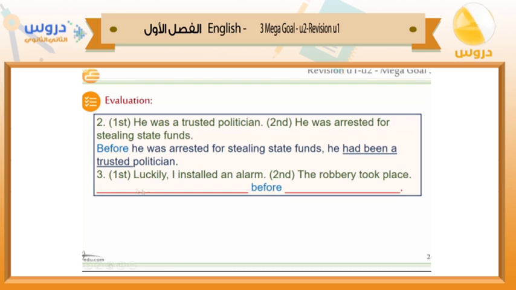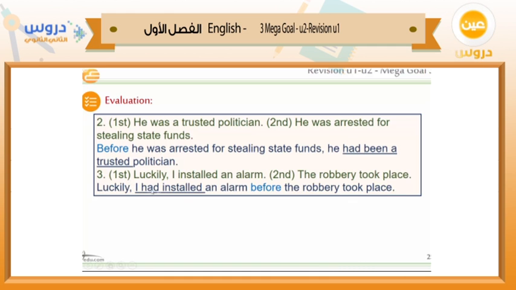Number 3, the first sentence, luckily I installed an alarm. The second sentence, the robbery took place. Use before. So, luckily I had installed an alarm before the robbery took place.